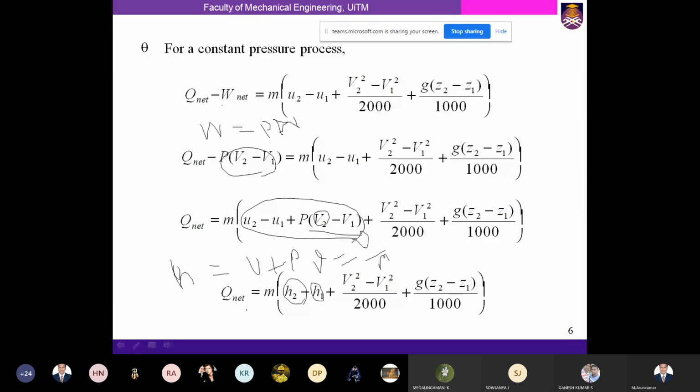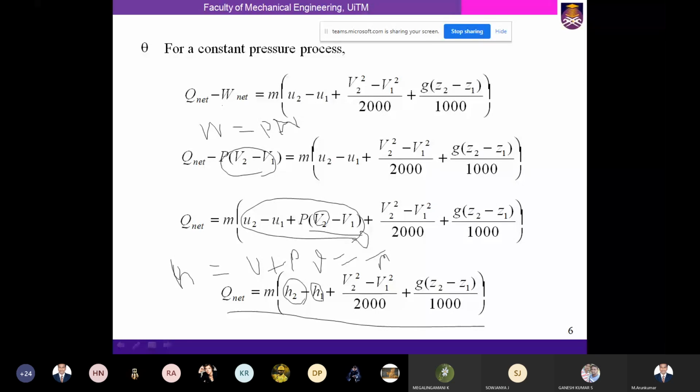So we can have the energy equation, which will be Q net is equal to M into H2 minus H1, that is change in enthalpy plus change in kinetic energy plus change in potential energy. So just keep this energy equation in your mind.